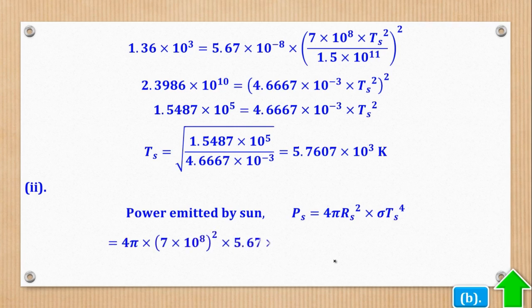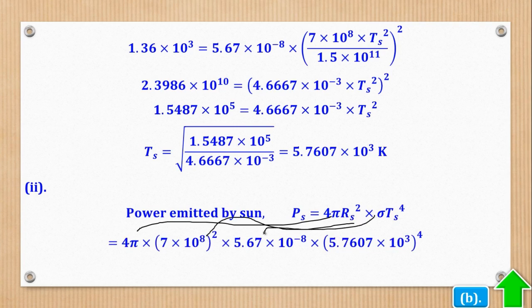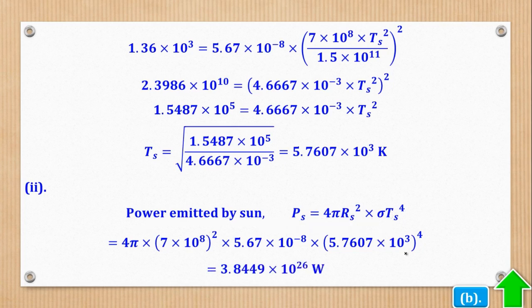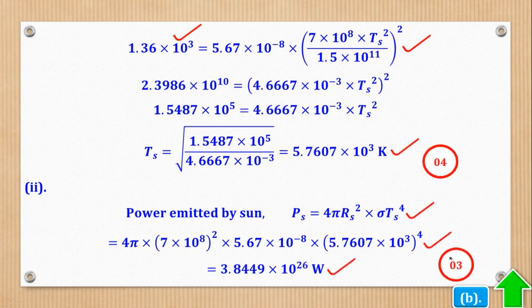And now we know Ts, so we can easily substitute. So 4 pi is there, the radius is there, this constant is known, and this temperature we have calculated, so we can easily use a calculator to come up with the required power. And that is how marks would be awarded.